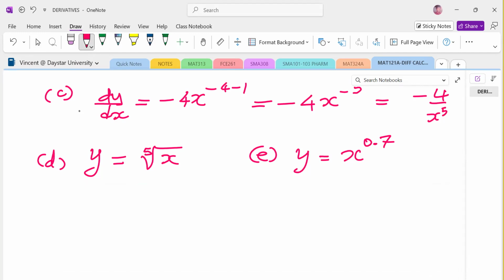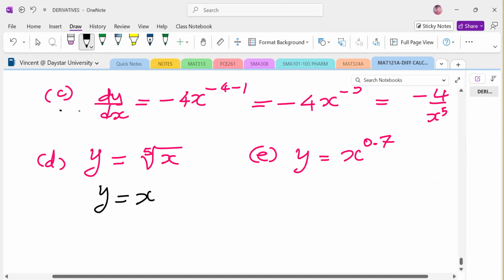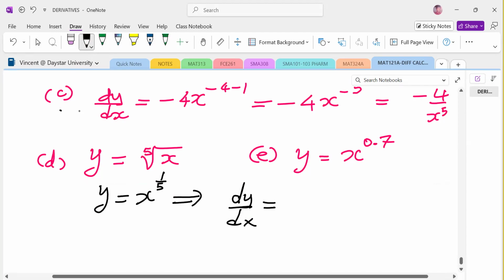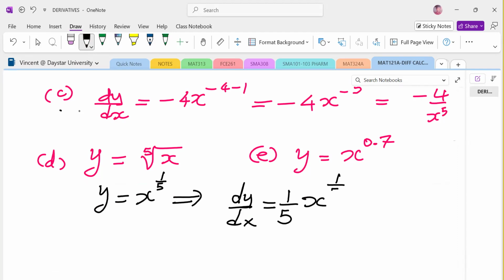So this is the same as y equals x power 1 over 5. Which means dy dx, now you drop the 1 over 5, then 1 over 5, you subtract 1. Now what is 1 over 5 minus 1? Minus 4 over 5. So this will be 1 over 5 x power minus 4 over 5.